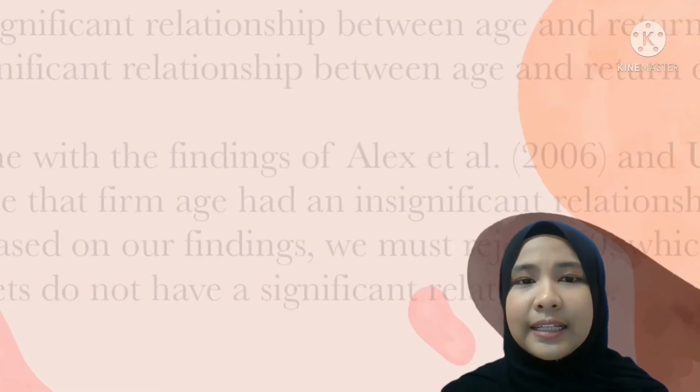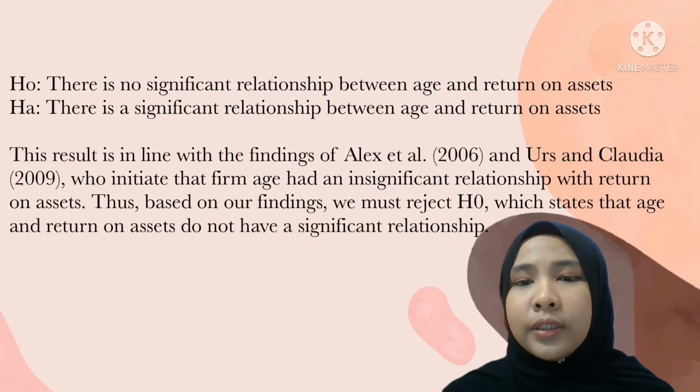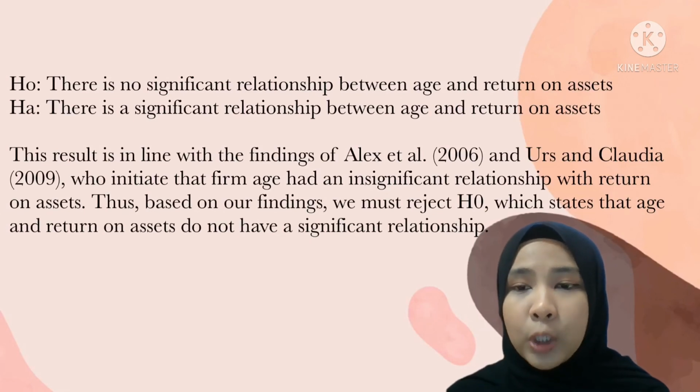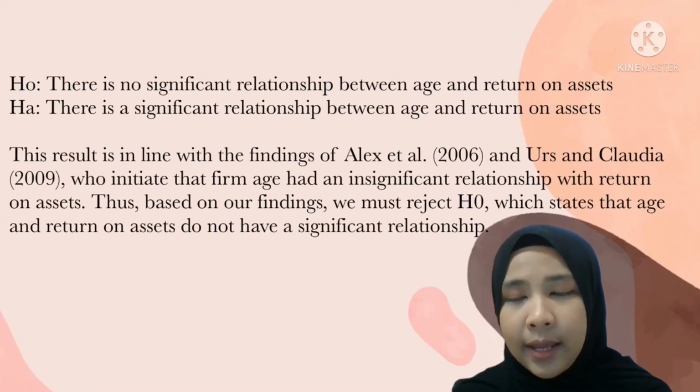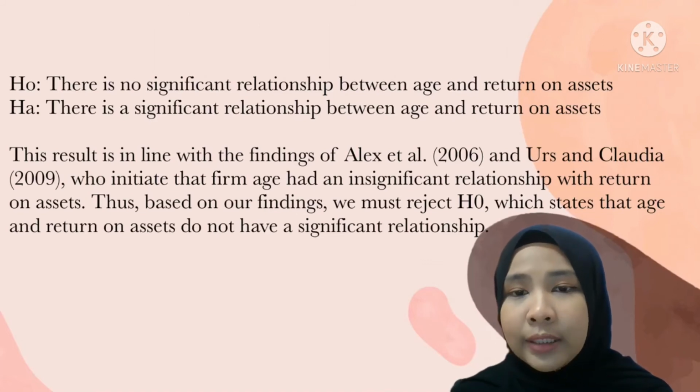And lastly, the last analysis is on age. This result in our report is in line with some scholars who state that firm age has a significant relationship with return on asset. So based on our finding, we must reject our H0, which states that age and return on asset do not have any significant relationship.